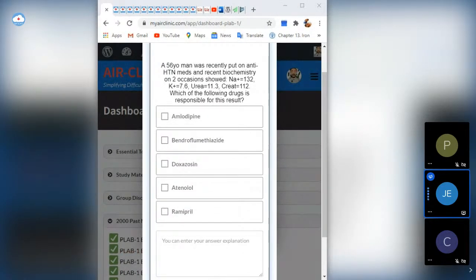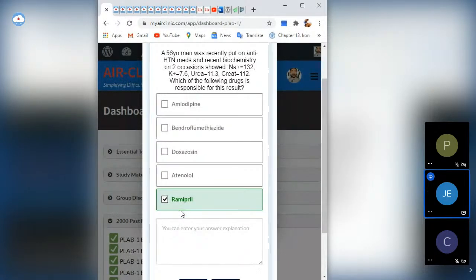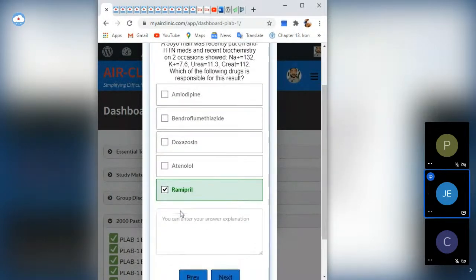We have someone here who chose hyperkalemia, ramipril, ACE inhibitor. So that's the answer.